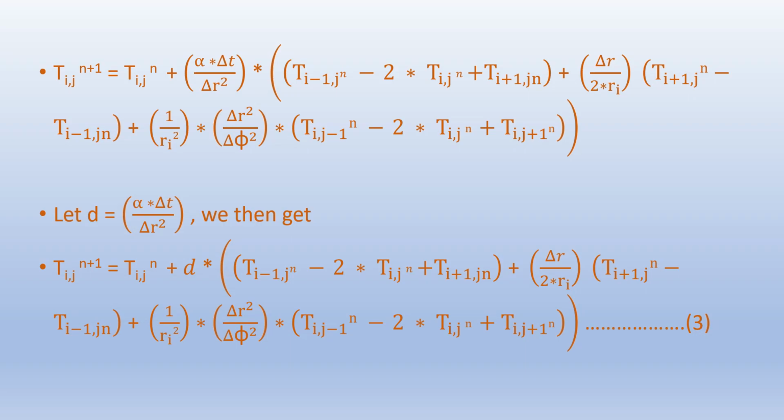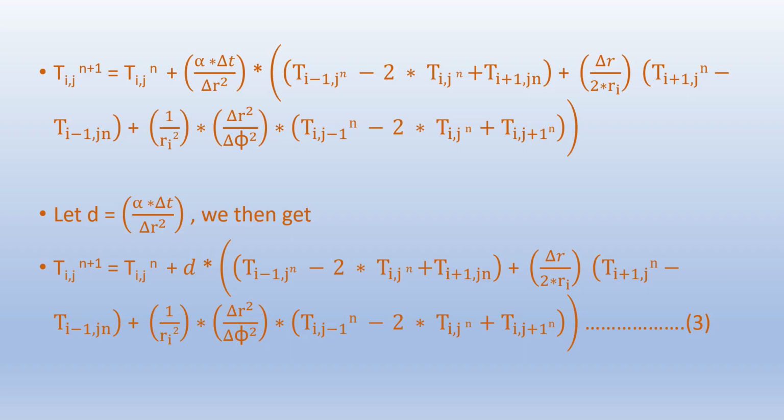Accordingly, we get equation 3, which is shown as T[i,j]^(n+1) equals T[i,j]^n plus d times (T[i-1,j]^n minus 2 T[i,j]^n plus T[i+1,j]^n plus delta r over 2 r_i times (T[i+1,j]^n minus T[i-1,j]^n) plus 1 over r_i squared times delta r squared over delta phi squared times (T[i,j-1]^n minus 2 T[i,j]^n plus T[i,j+1]^n)).